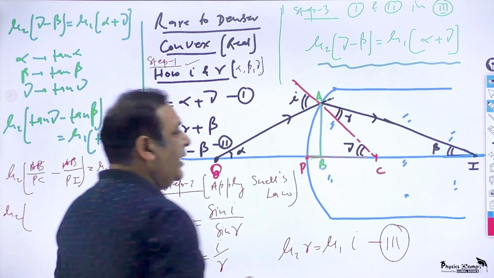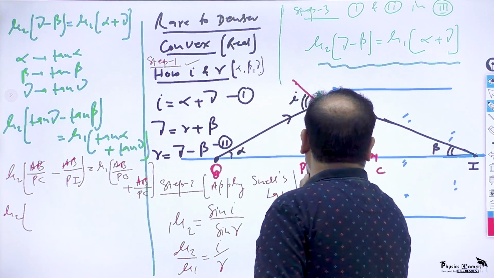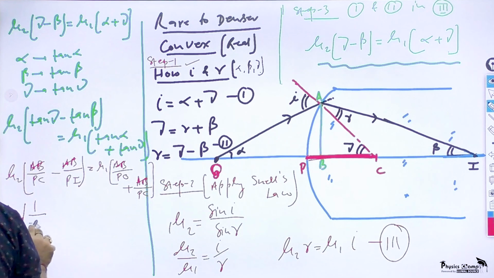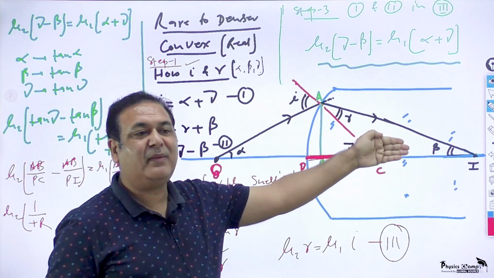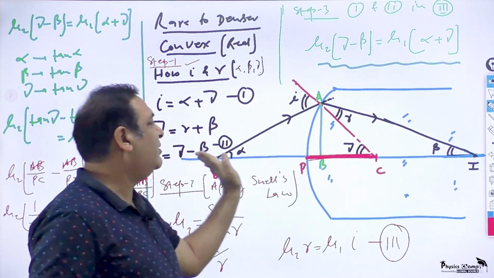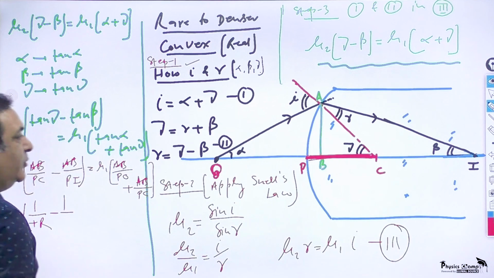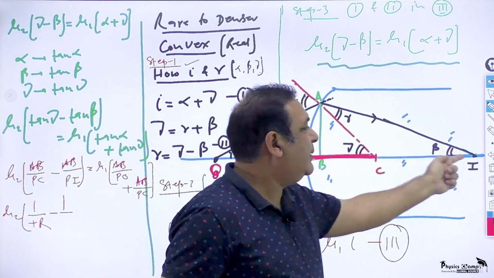So if I ask you, can you tell me how much is this P to C? So P to C is what? R. All distances are measured from pole. If you are going in the direction of incident ray, then positive. If you are going opposite to incident ray, then negative. Similarly, P to I will be what?